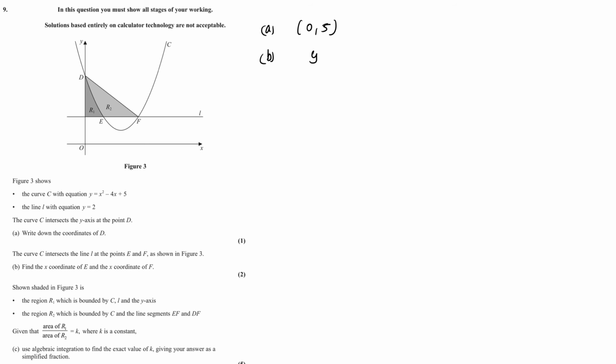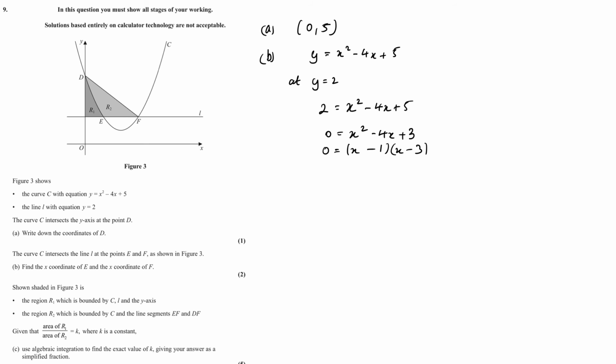So we got y equals x squared minus 4x plus 5, and we know now this is at y equals 2. So 2 equals x squared minus 4x plus 5. So x squared minus 4x plus 3. So let's factorize it. X, 1 and a 3, both negative, isn't it?